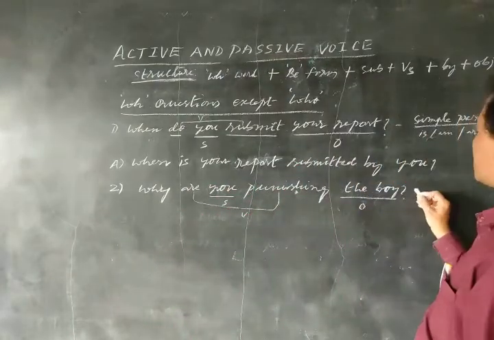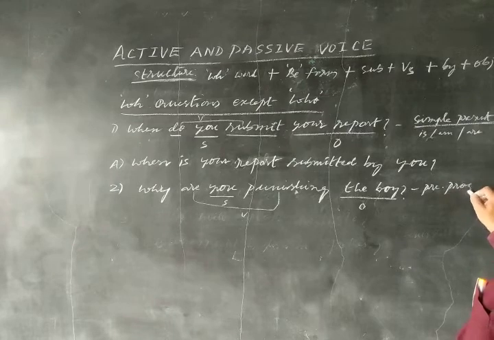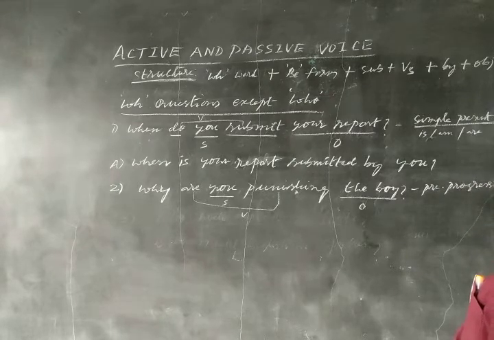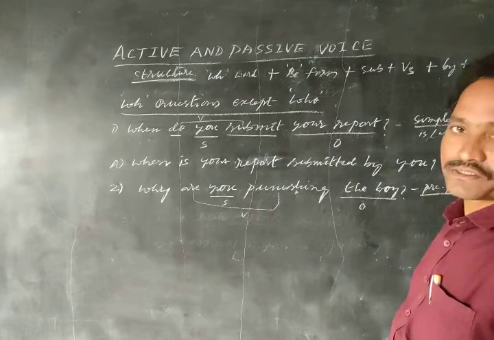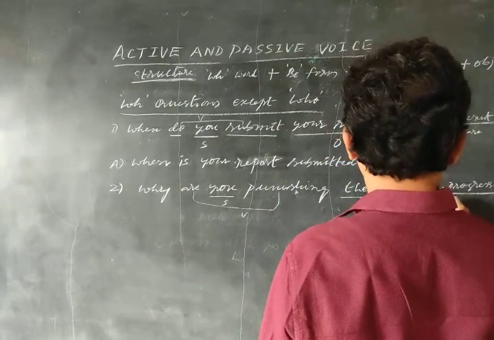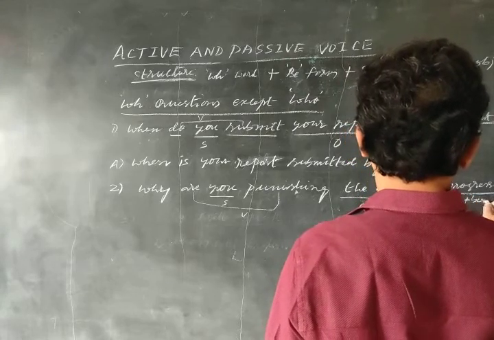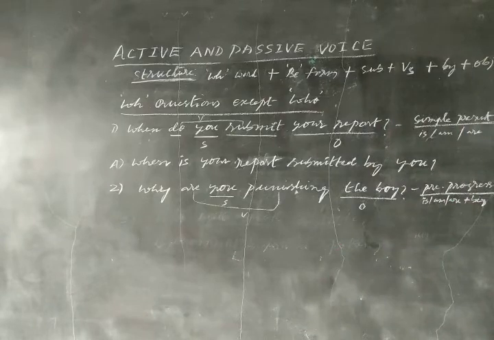Okay, this is present continuous, present progressive. Here the verb part is is, am, are plus being.